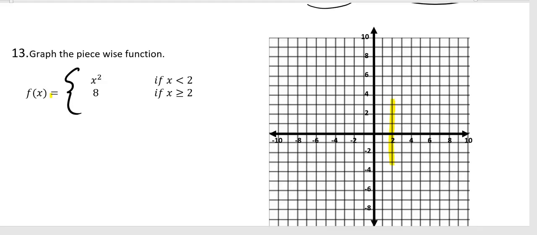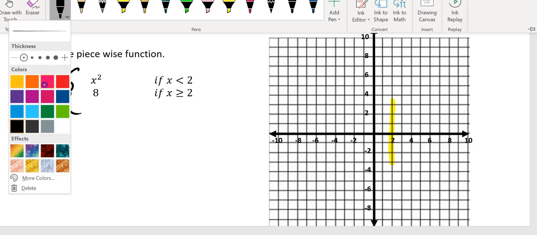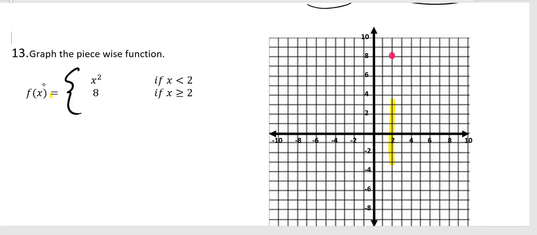So values that are less than 2 will be x squared, and values that are greater than or equal to 2 will be 8. Let's do the side that is the greater than or equal to first, because that's the easier side. Okay, so it says that when x is greater than or equal to 2, it's going to be 8. That means it's constant. And I'm going to use a closed circle because it included that endpoint.